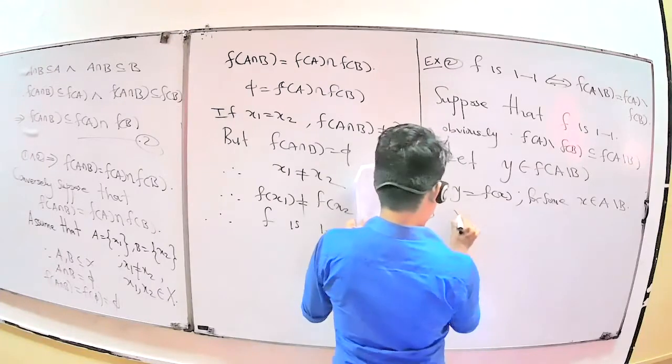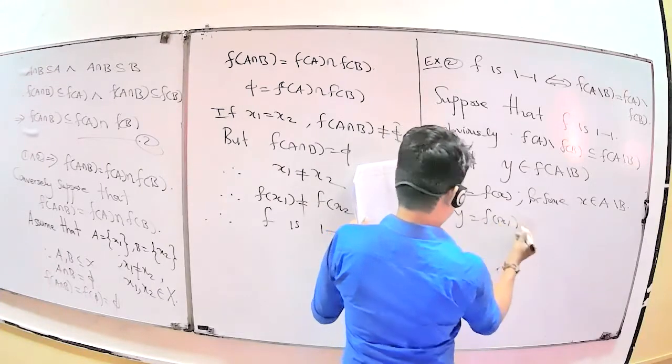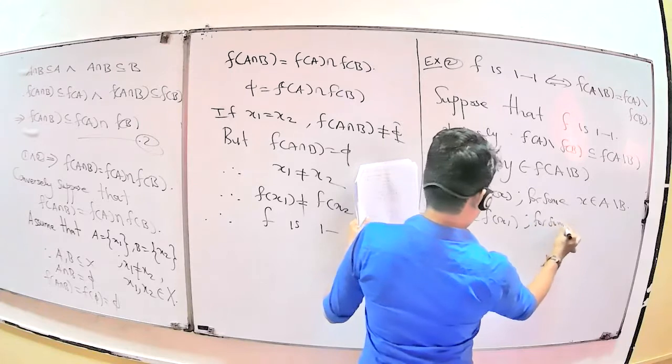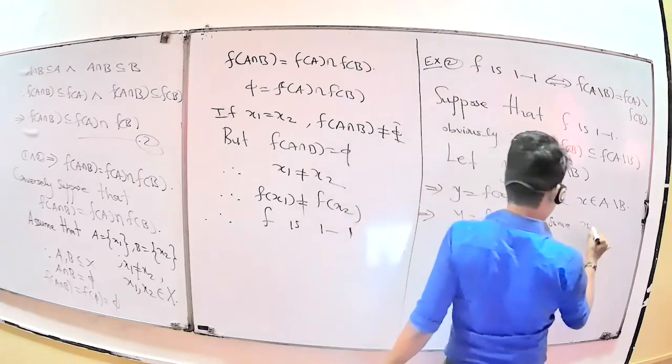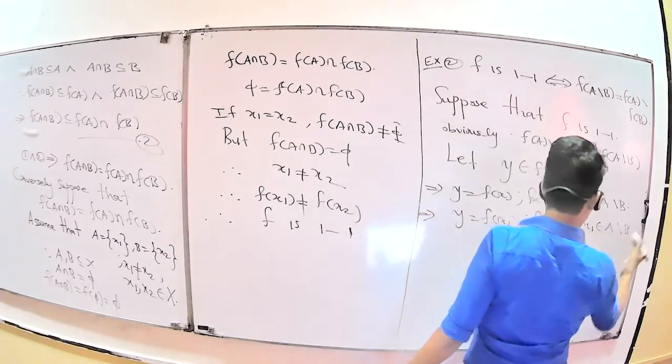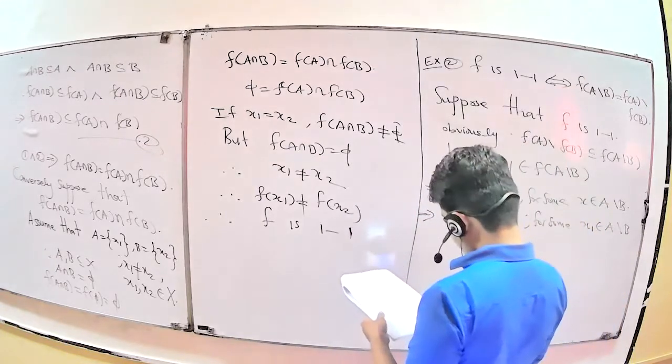That means here y equals f of x1 for some x1 belonging to A minus B, right?